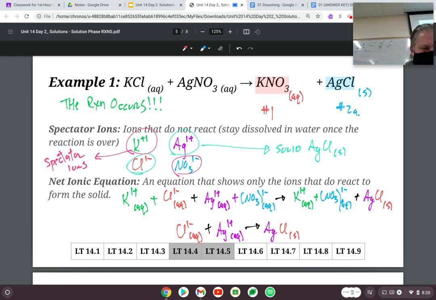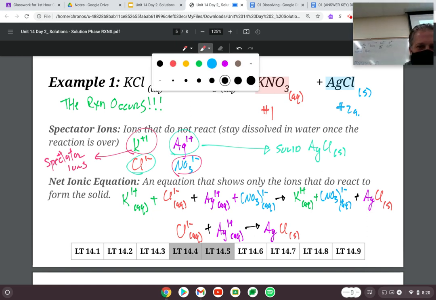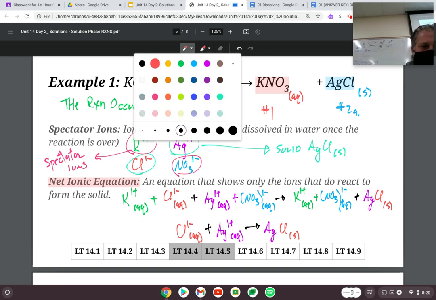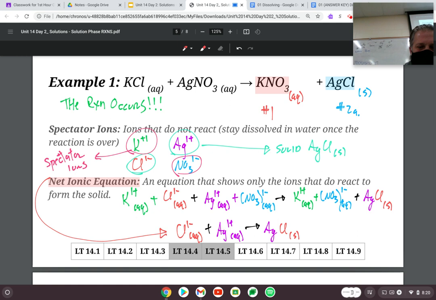So this is what's called the net ionic equation. The ions that form the solid are the net ionic equation.